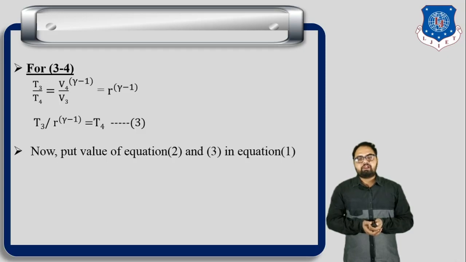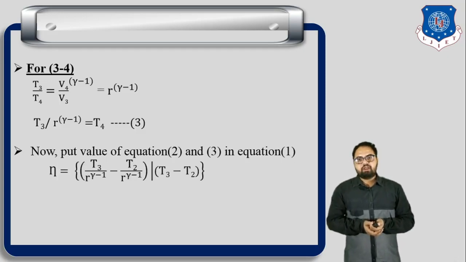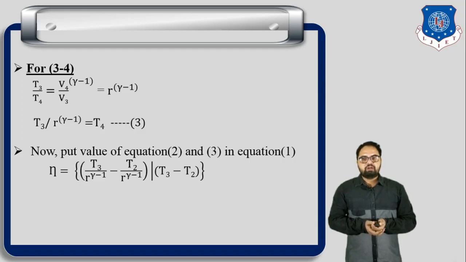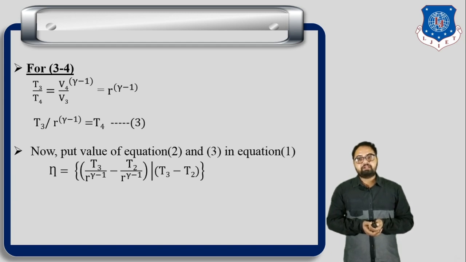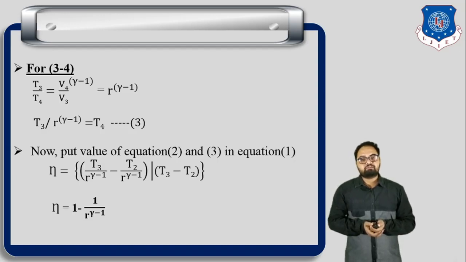By putting the values of equation number 2 and equation number 3 in equation number 1, we get eta is equal to (T3 by R raised to gamma minus 1 minus T2 by R raised to gamma minus 1) divided by (T3 minus T2). We can clearly see that the term T3 minus T2 gets cancelled, and 1 by R raised to gamma minus 1 is a common term.